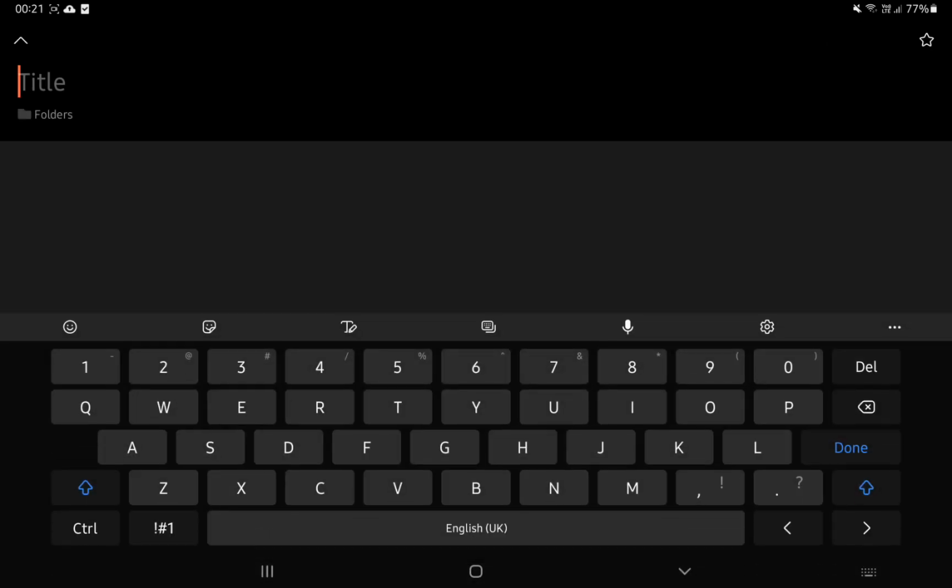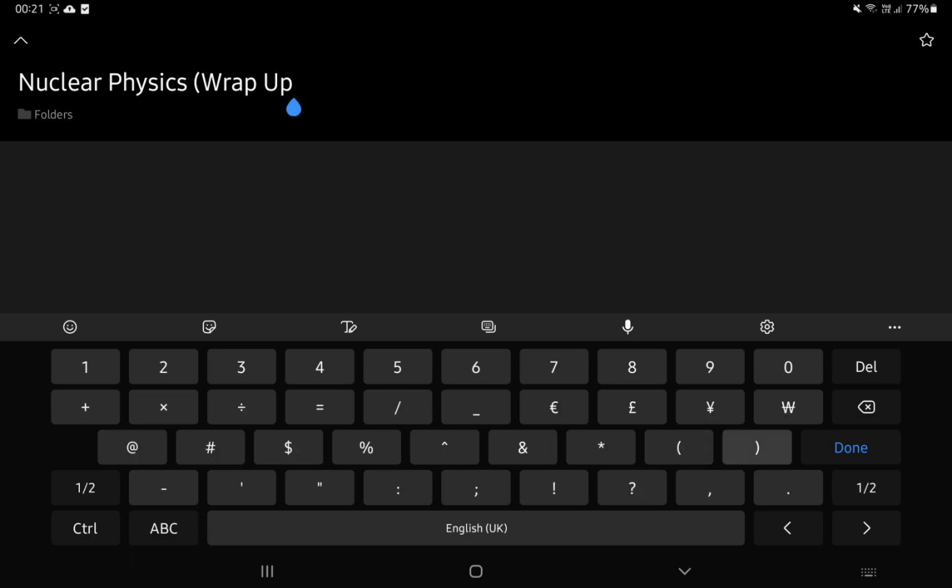It's time to wrap up what we have learned in nuclear physics. Okay, so this would be the nuclear physics wrap up. What we have learned is basically in chapter 1.